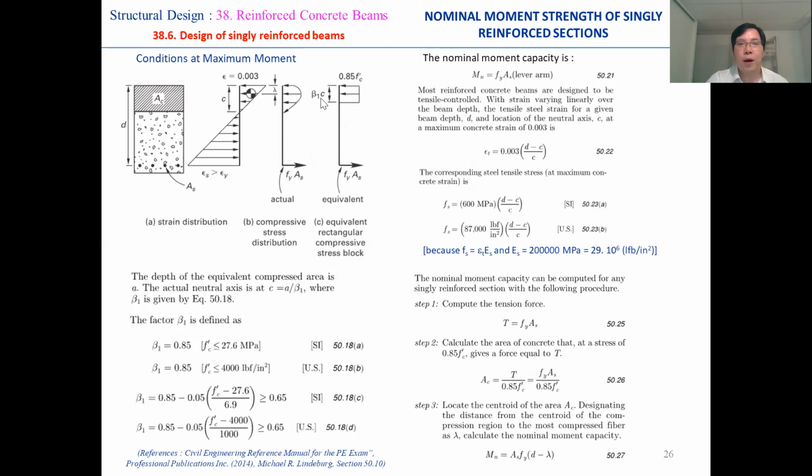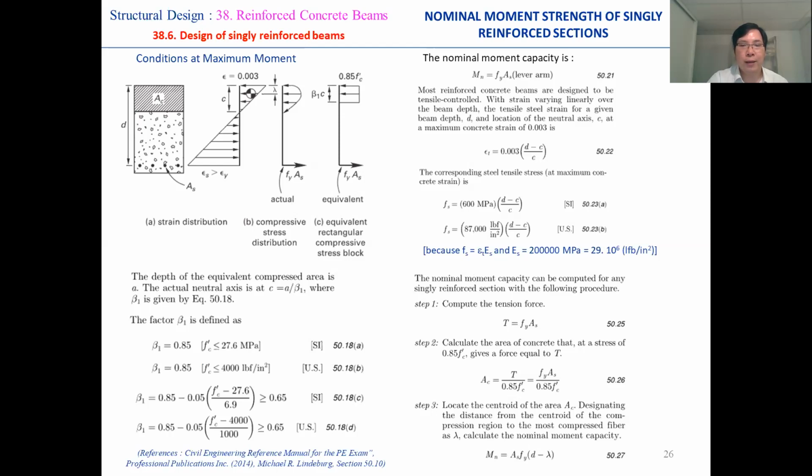height, beta 1 times c for the compressive zone of the concrete. And here are different steps that you can follow to calculate the nominal moment capacity.